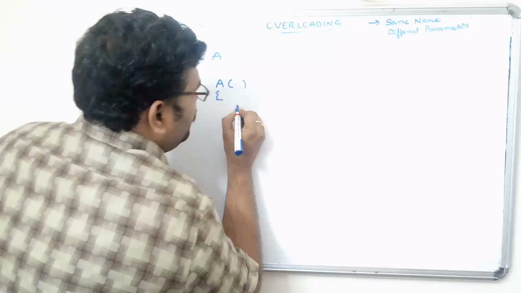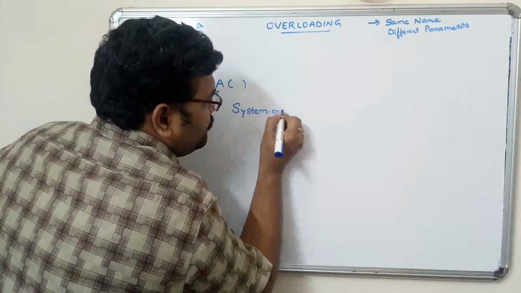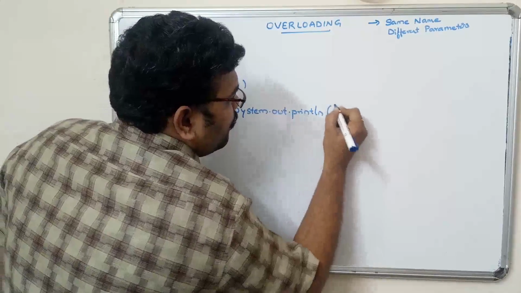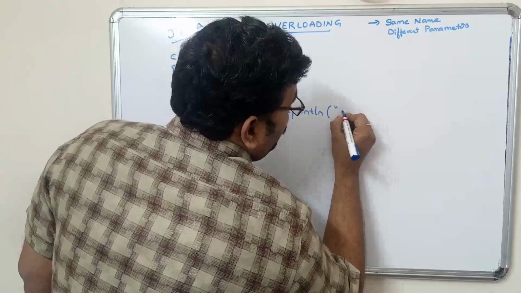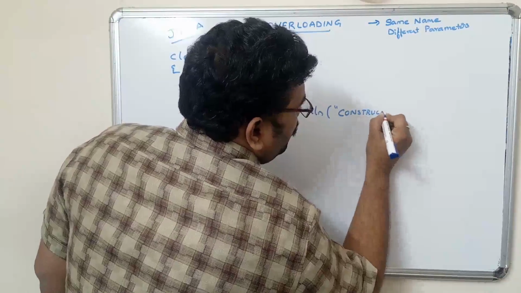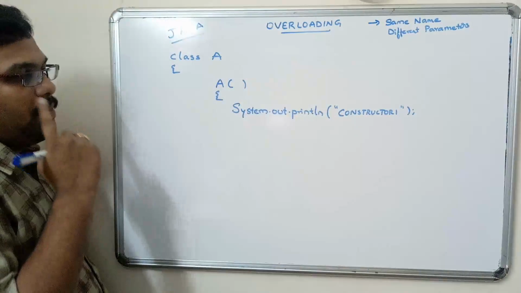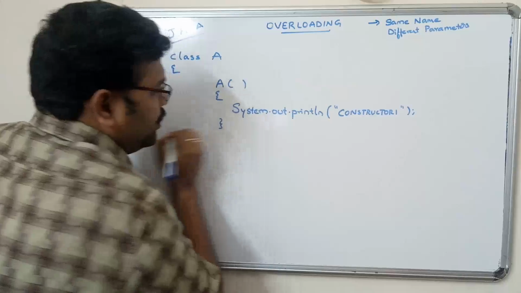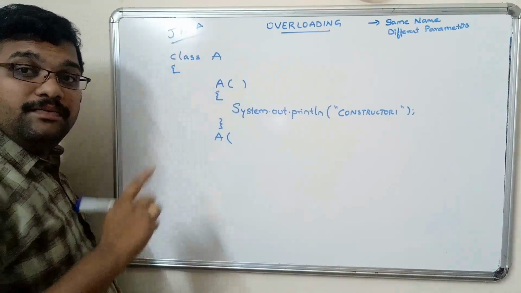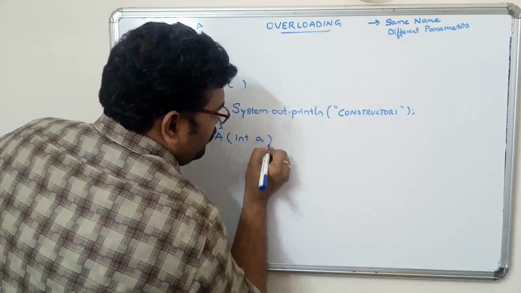So A, constructor 1, right? So this is one, and I am writing one more constructor with parameters, int a.